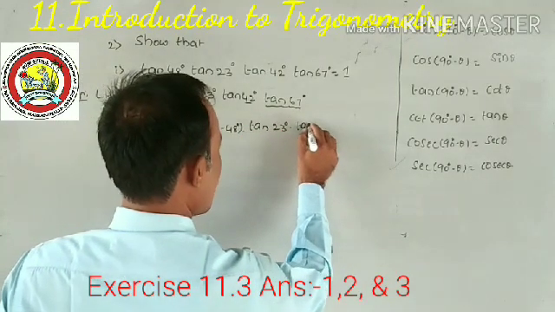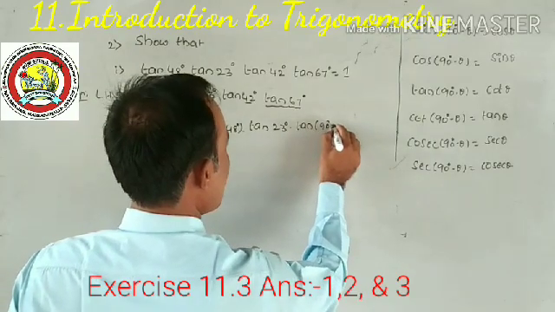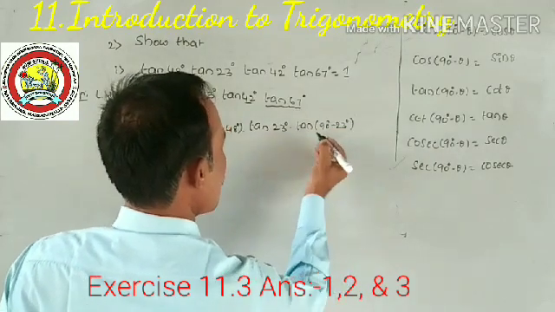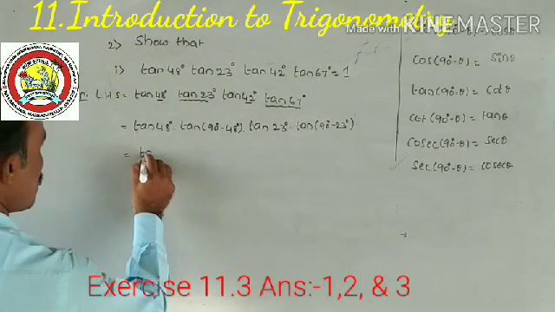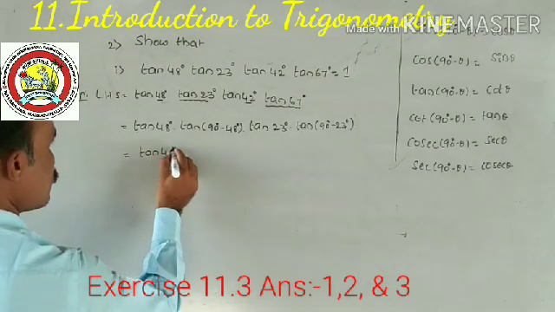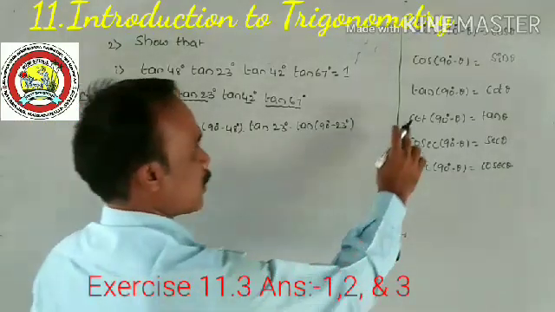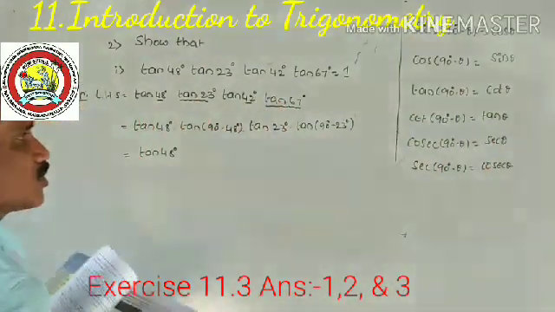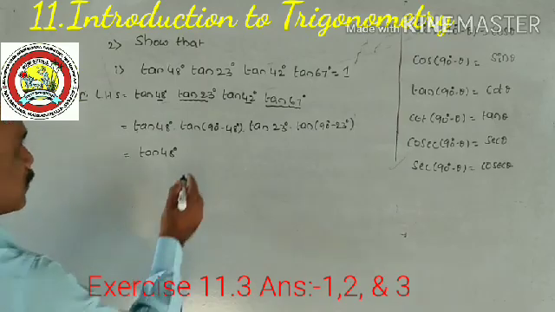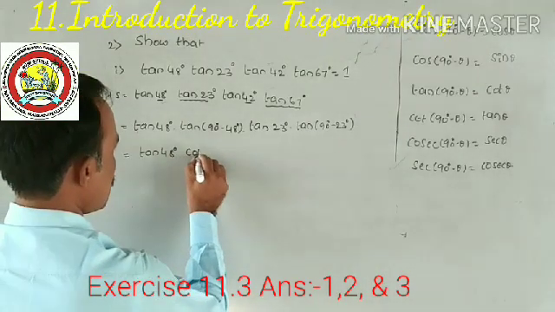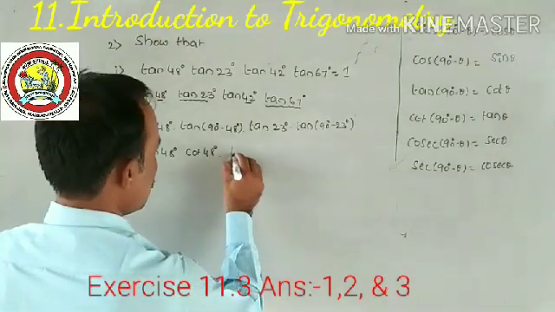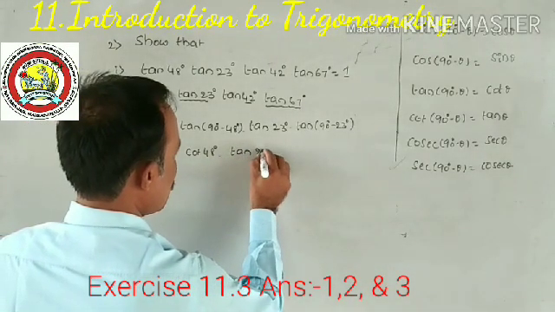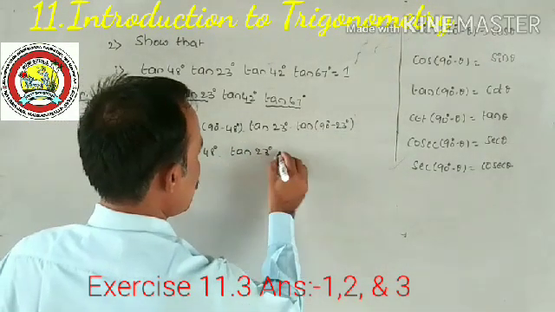Yes, tan 67 can be written as tan 90 minus 23. Yes, this is equal to tan 48, tan 90 minus theta, tan changes to cot. Yes, cot 48 into tan 23, tan 90 minus theta, again cot.